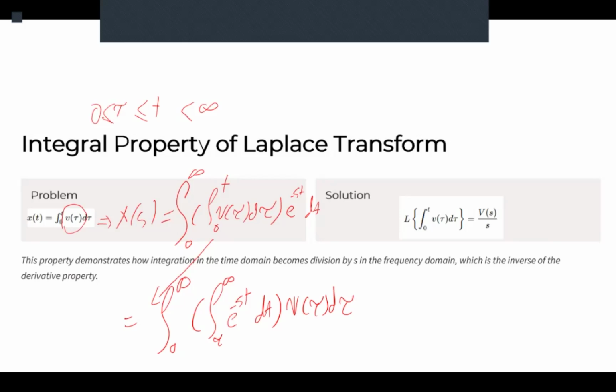Are we good so far? Now, what is that? If you run the integral, this one becomes 1 over s minus 1 over s e to the power of minus s tau. Are we good?